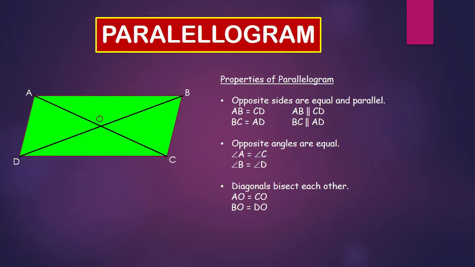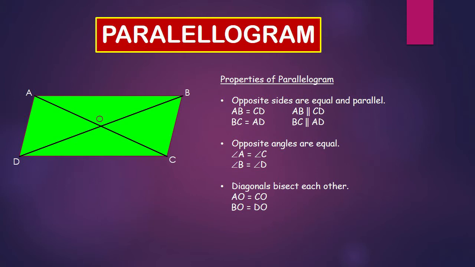Let's see the next quadrilateral, that is parallelogram. Now the parallelogram is a quadrilateral in which opposite sides are equal and parallel. Here ABCD is a parallelogram where AB is equal to CD, BC is equal to AD. And the special property of this quadrilateral is opposite sides are parallel.